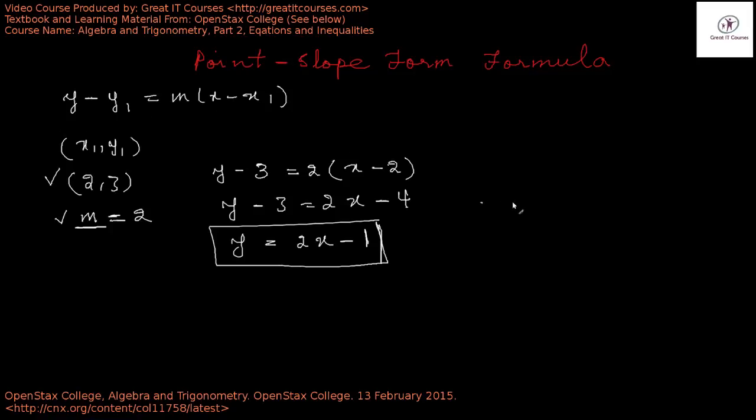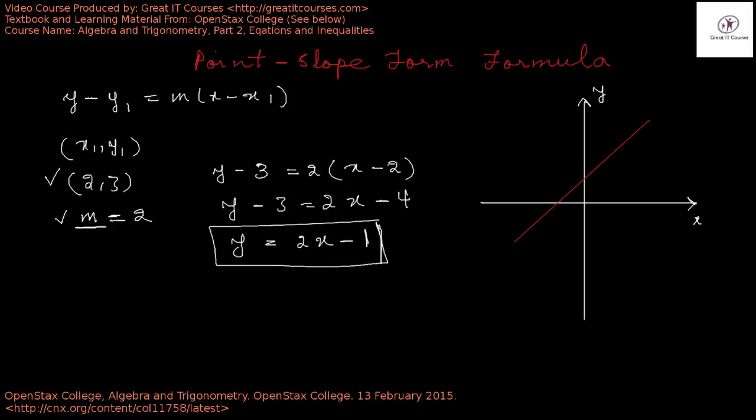Let me tell you what I mean by that. If you have a line over the Cartesian coordinate system, let's say you have a line like this. This is your x-axis, this is your y-axis.